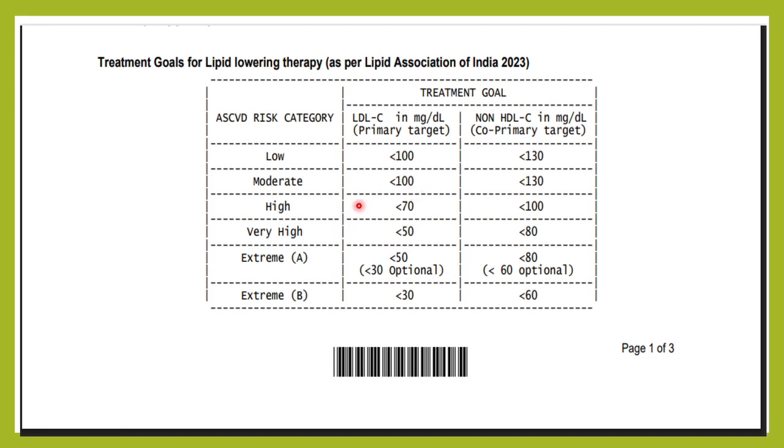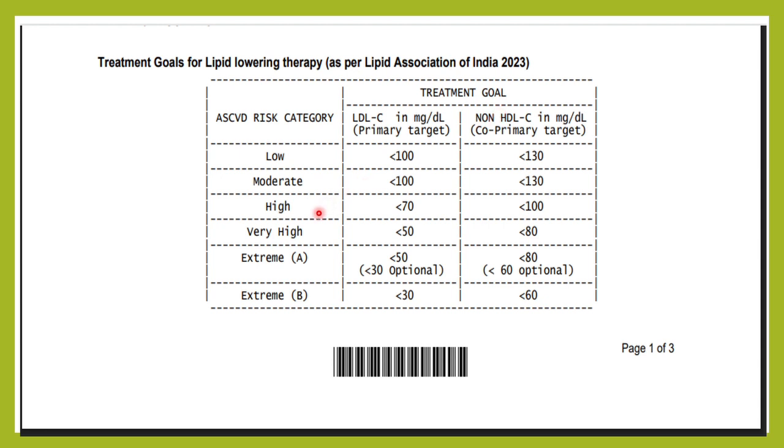Suppose if it is high, if it is more than 20, we expect that his LDL level is less than 70. Suppose if it is very high, or if it is extremely high, we expect it to be less than 50 milligram per deciliter. So this level of LDL becomes important when we even put the treatment goal for treating the patient.